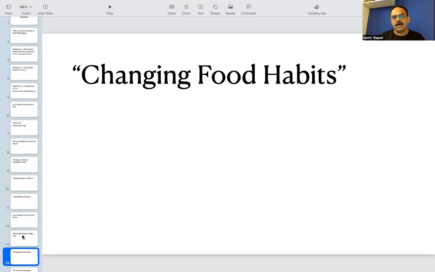Second is changing food habits. Now, this is some theme where there are some changes. People may agree, people may disagree. It is my opinion. How is it changing, right? 20, 30 years ago, when someone would go to buy some non-veg in the market, they would put it in a black cover and give it.